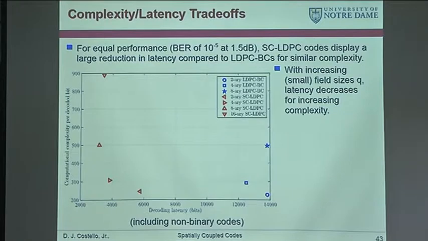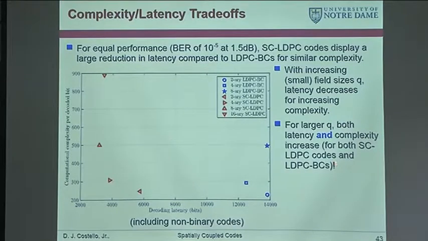Now, a couple of things to notice. With small field sizes, as you increase the field size, like 2 to 4 and up to 8, the latency decreases. You get the same performance with less latency by going to a higher field size, but of course the decoding complexity does go up.